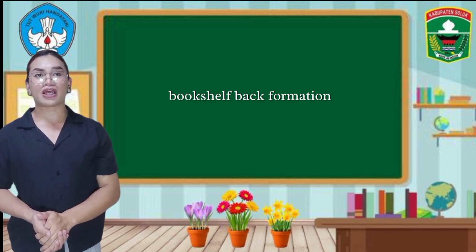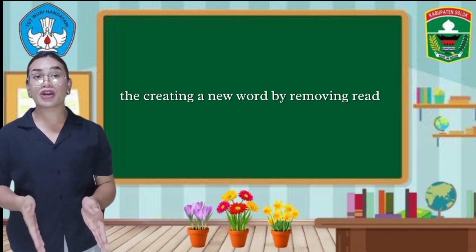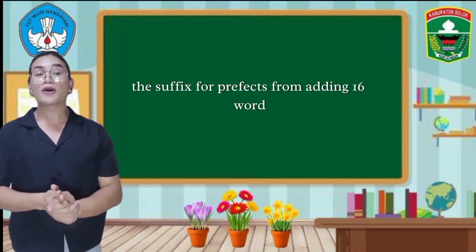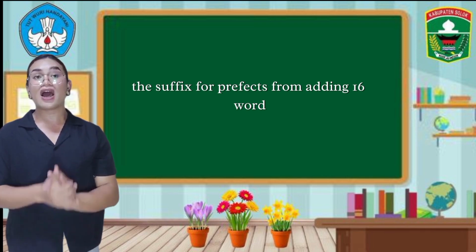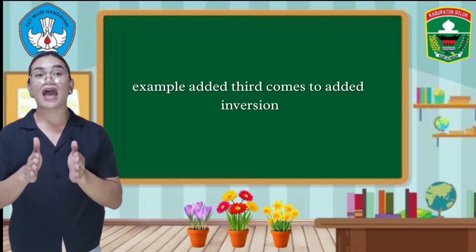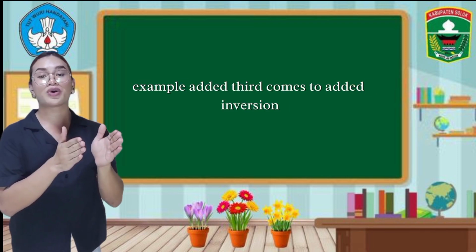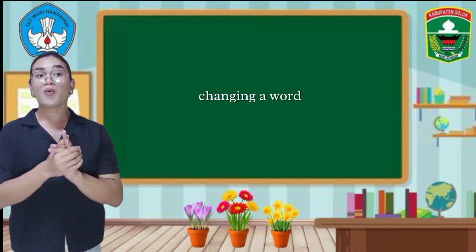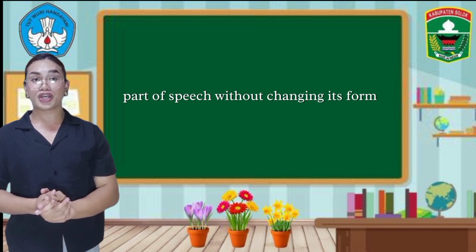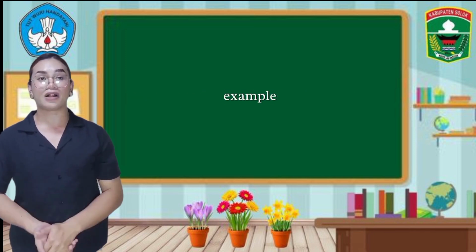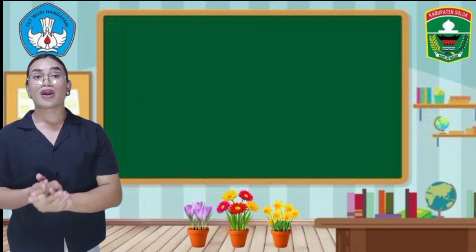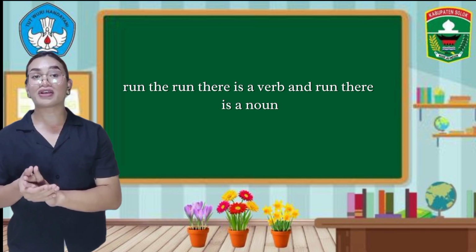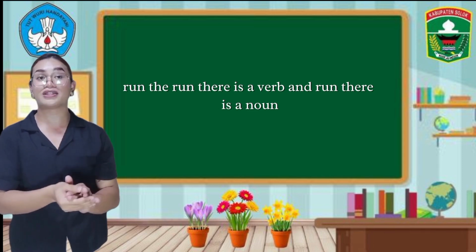Back formation, creating a new word by removing the suffix or prefix from an existing word. Example, editor comes to edit. Conversion, changing a word's part of speech without changing its form. Example, run. The run there is a verb and the run there is a noun.